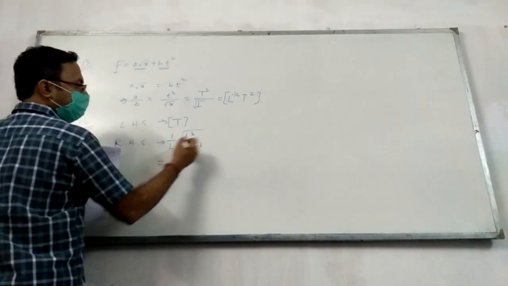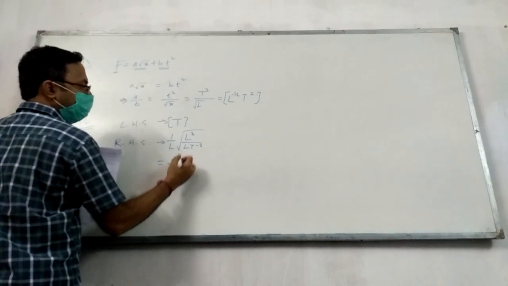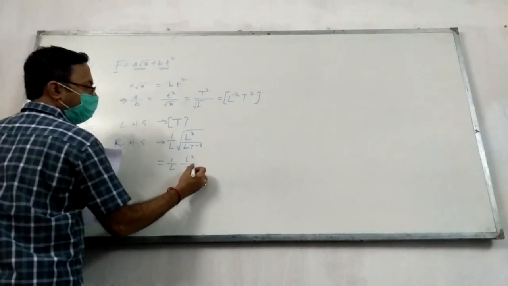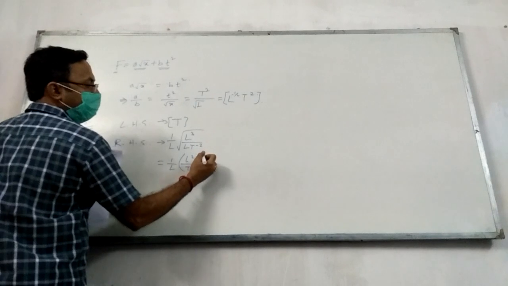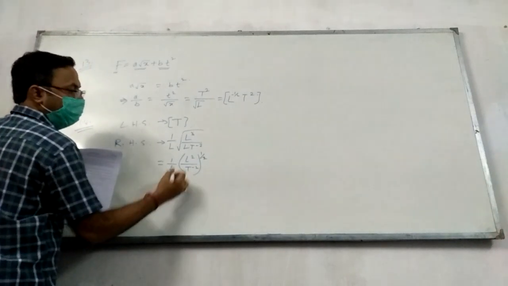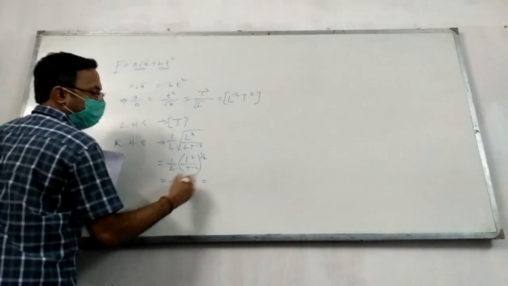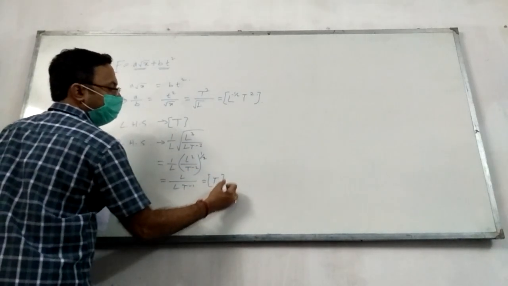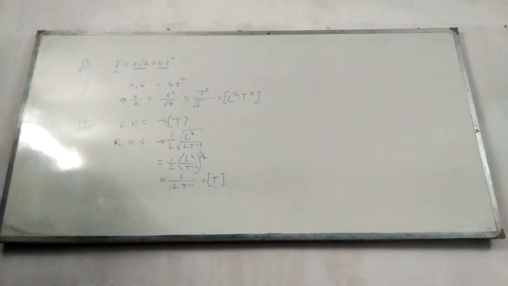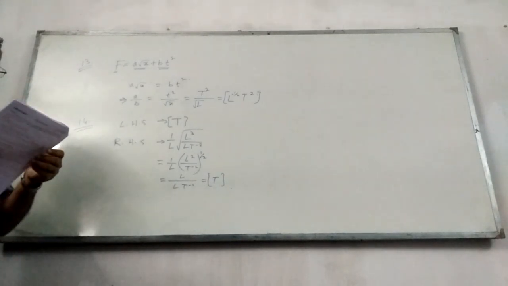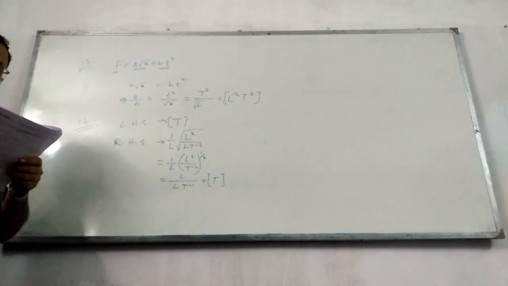L square will cancel, and you have the whole thing to the power half, so this will be T. So the dimension of LHS equals the dimension of RHS, so the given expression is dimensionally correct.